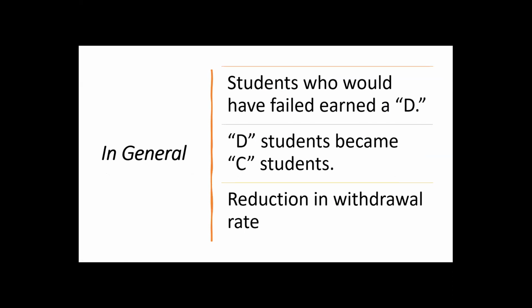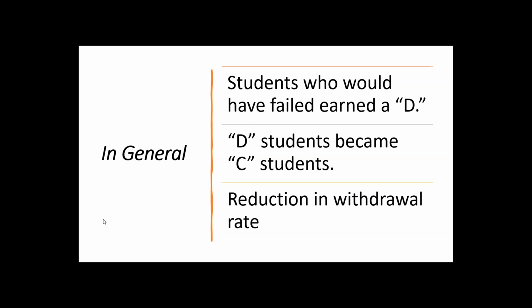When I look at the projection of this student's school trajectory, the more Fs they get, the more defeated they're going to feel. So if we can get them up to being a little bit more successful, that's great. The D student becomes the C student. And again, I see a reduction in the withdrawal rate, and the way that I look at that is that the student is motivated to stay in the course.